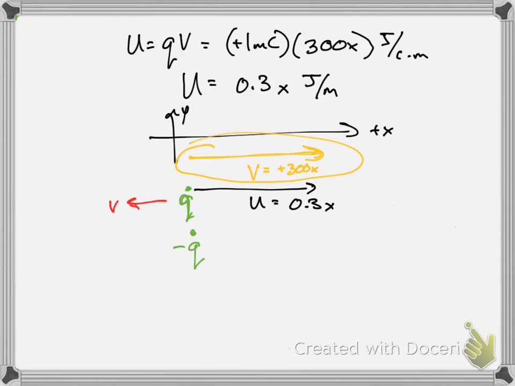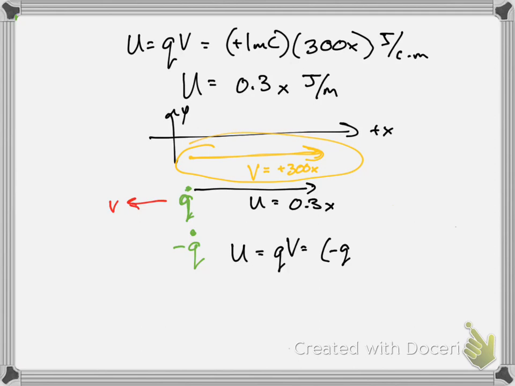So for the test charge minus Q, the potential energy U is equal to QV, which is, in this case, minus Q, where Q is the arbitrary charge.